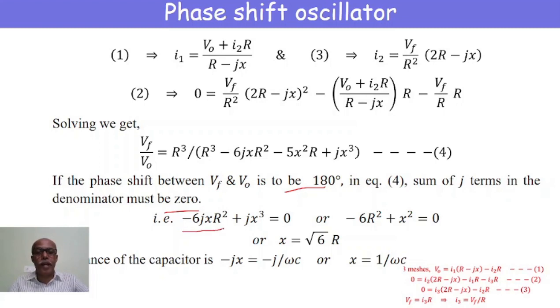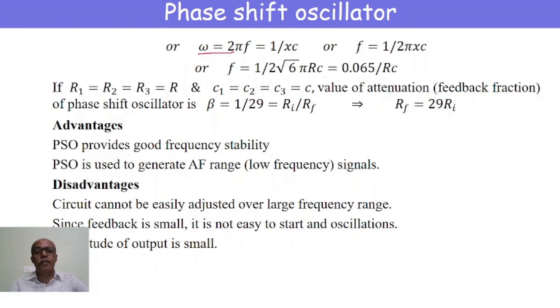Therefore, we get minus 6jX R square plus jX cube equals 0, or simply minus 6R square plus X square is equal to 0, or X is equal to square root of 6 R. The reactance of the capacitor is minus jX, or minus j divided by omega C. X is 1 by omega C, but omega equals 2 pi f, so f is equal to 1 by 2 pi X C, but X is equal to root 6 into R. Therefore, f is equal to 1 by 2 root 6 pi RC.